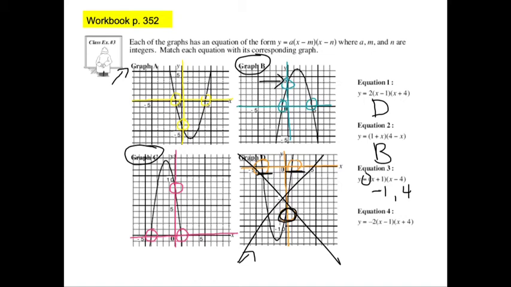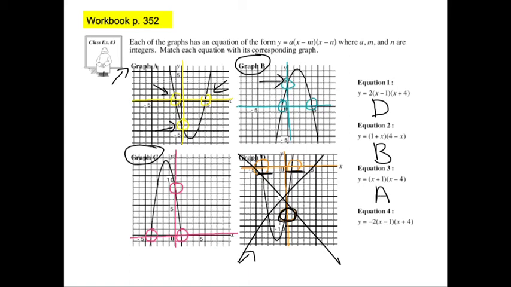A is going to be 1. 1 times -1 is -1. -1 times 4 is -4. Okay, so in this case, -4 is your y-intercept, absolutely correct. You also have an x-intercept of -1 and an x-intercept of +4. So graph A corresponds to equation 3.